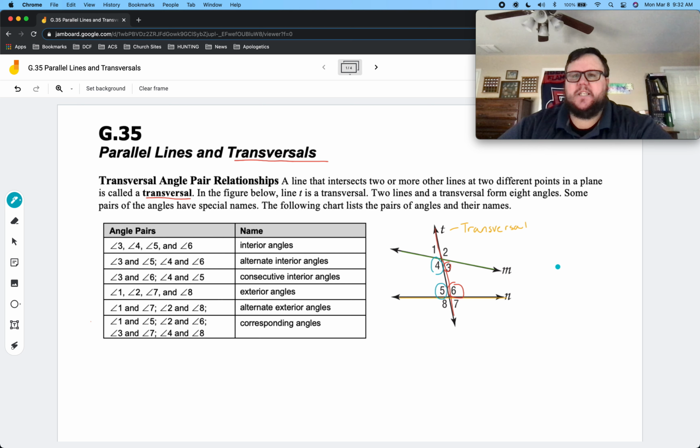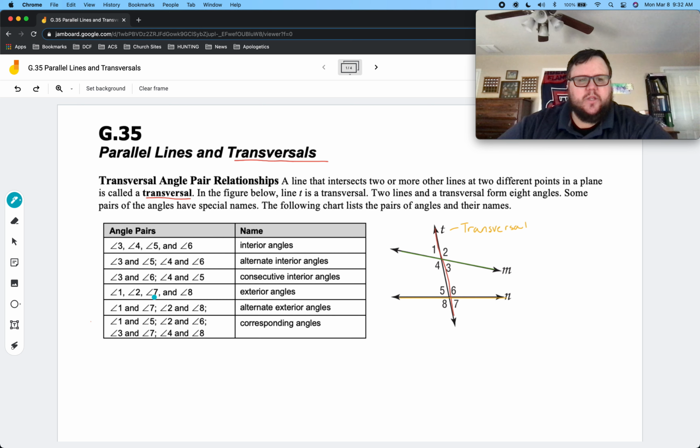Consecutive means next to. 1, 2, 3, those are consecutive numbers with each other. So angle 4 and angle 5 are consecutive interior because they're on the same side of the transversal on the inside. And angle 3 and 6 are consecutive interior angles because they are on the same side of the transversal on the interior as well.